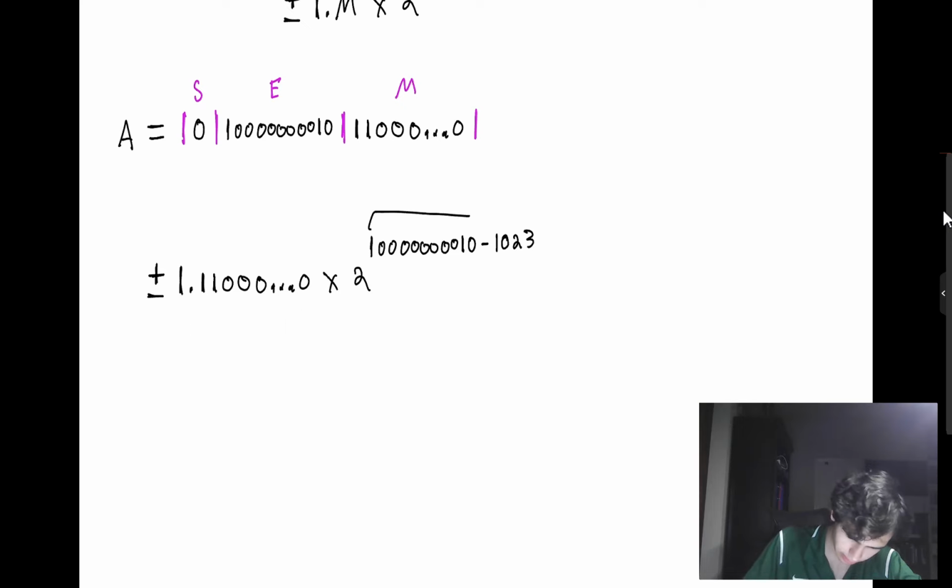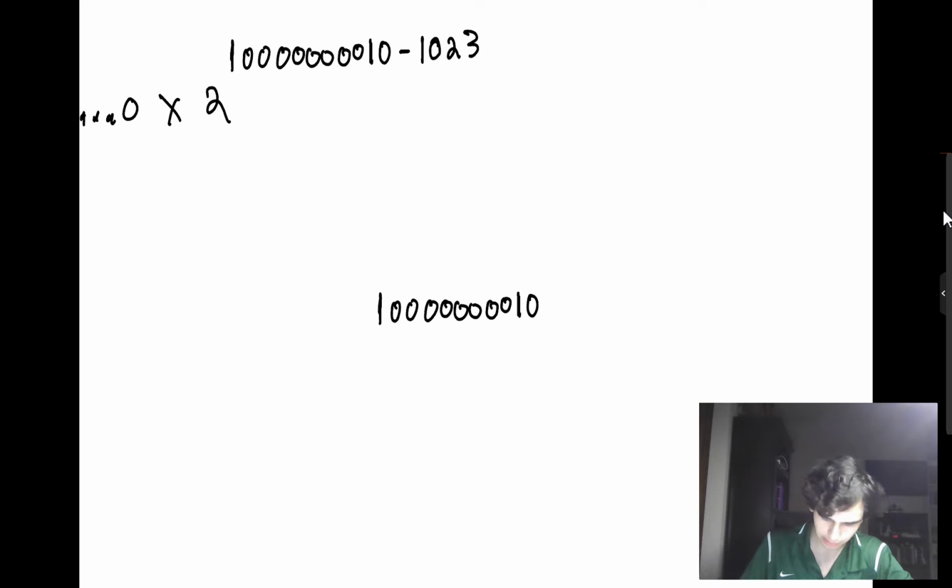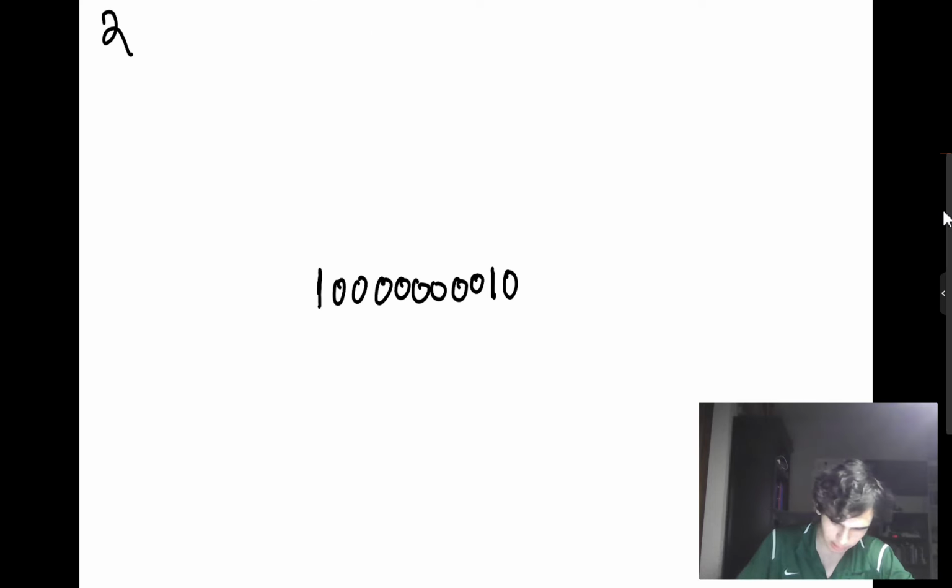Start off with this one. Let me go through this slowly so people who don't understand can understand how to convert that number from binary to decimal. The index is 0, 1, and it goes on, and then this is 10 because it's 11 bits wide.